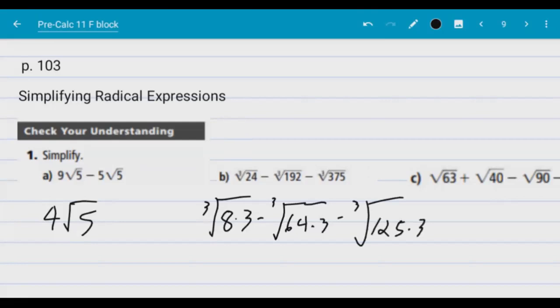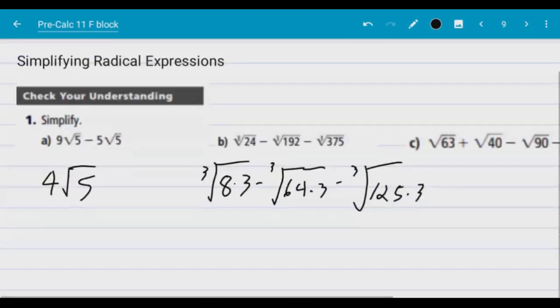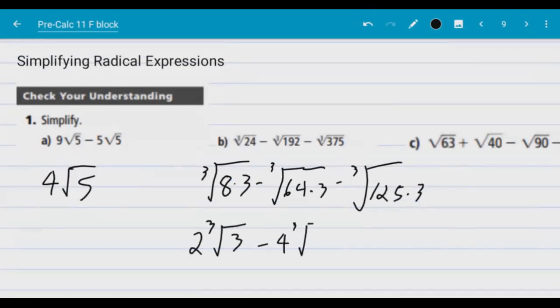All right. By doing it this way, now the cube root of 8 is 2. So I have 2 cube root of 3. 64 has a cube root, which is 4, minus 4 cube root of 3. 125 has a cube root, which is 5, minus 5 cube root of 3.